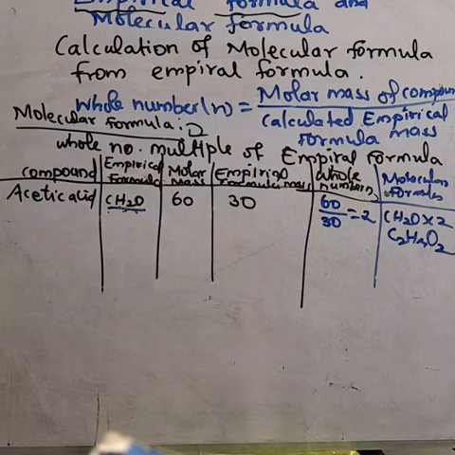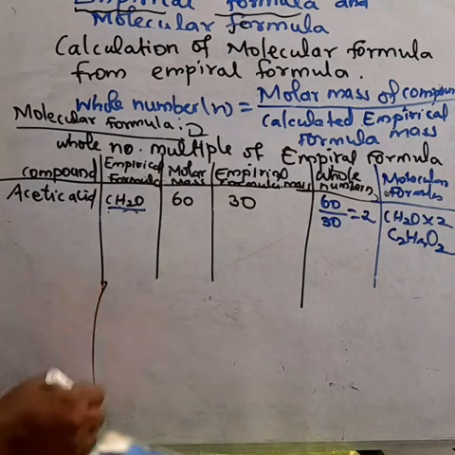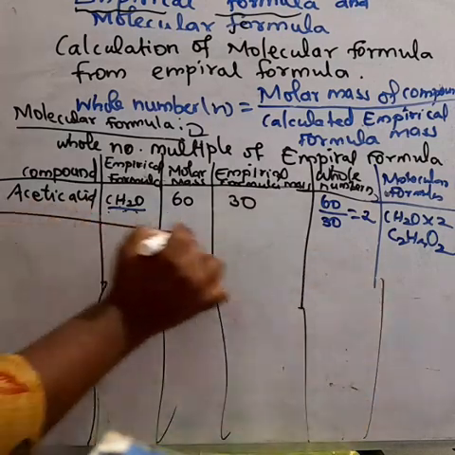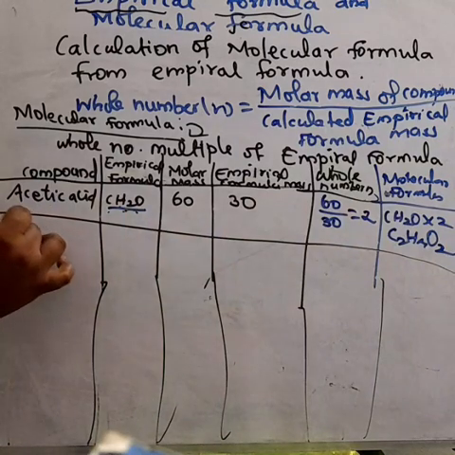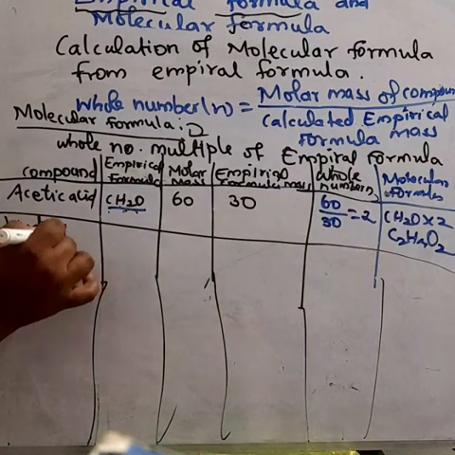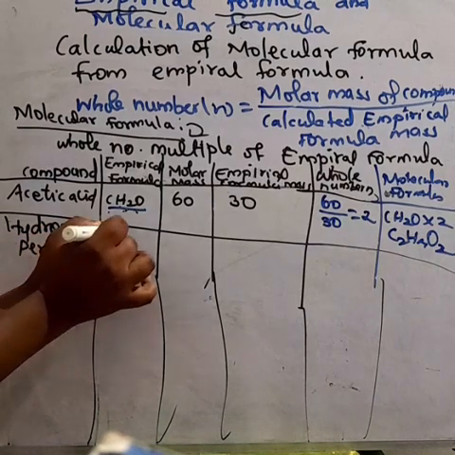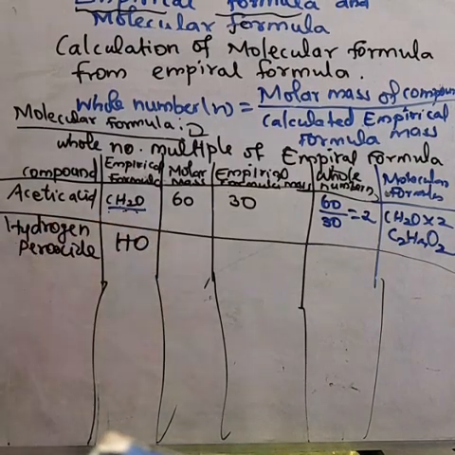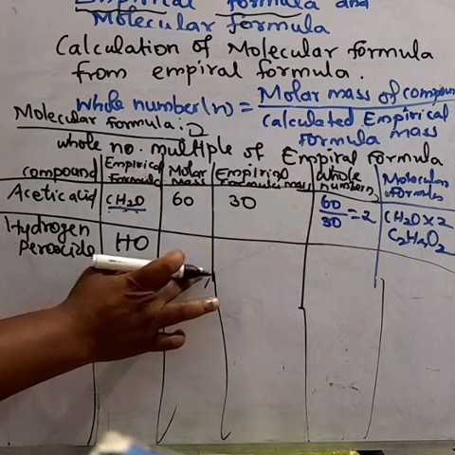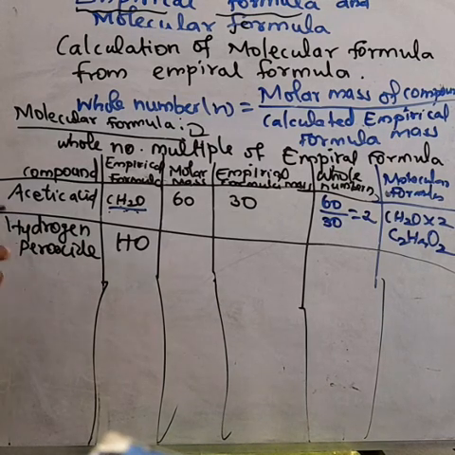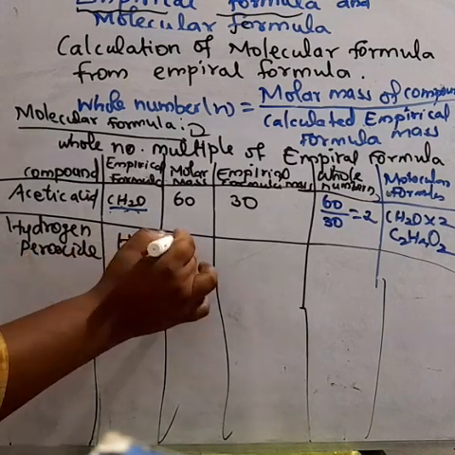Another example, hydrogen peroxide, H2O2. What is the empirical formula? HO. The molar mass of hydrogen peroxide is 34.